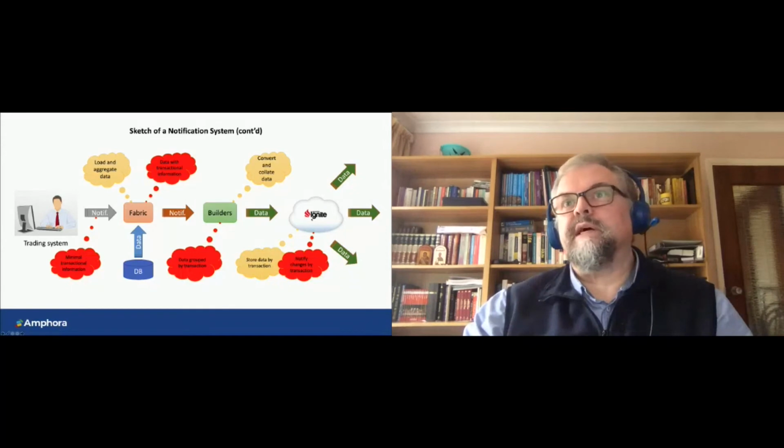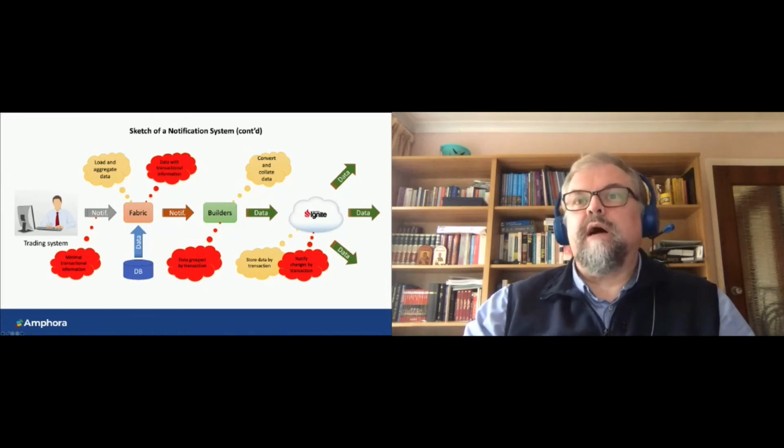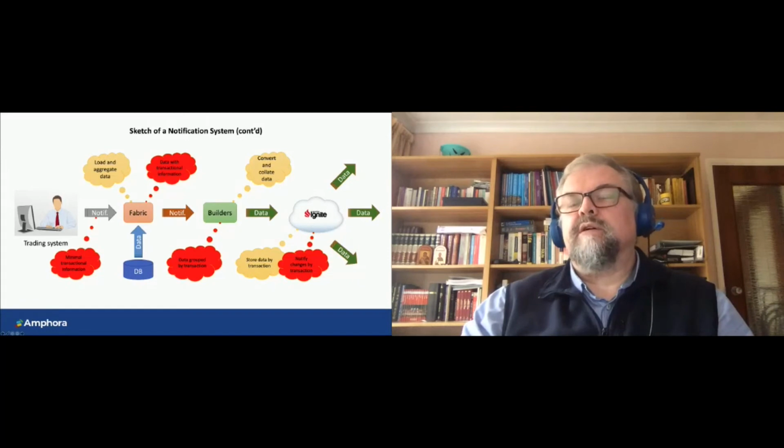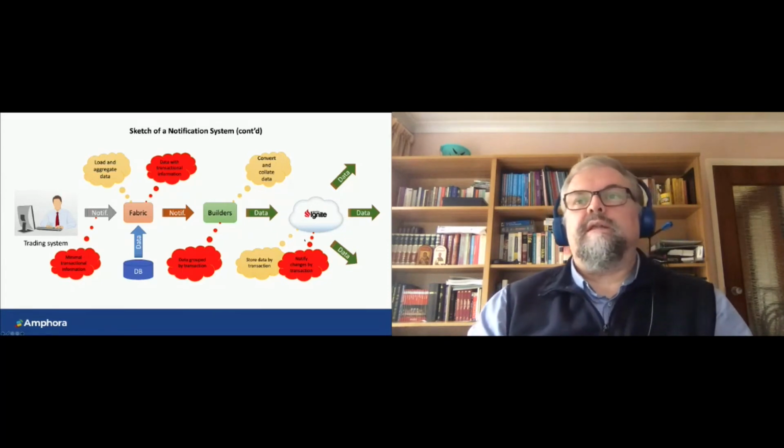In the next slides, I'm going to show how, and this is the bulk of the presentation, how we ensure that this transactionality across Ignite, from the builders, from the source, and towards the listeners is maintained.